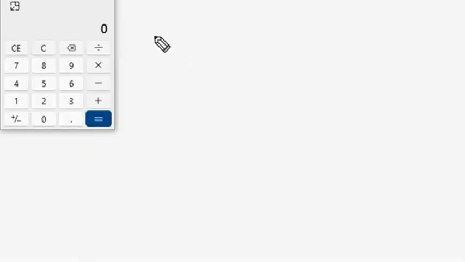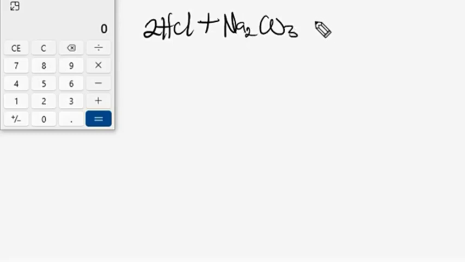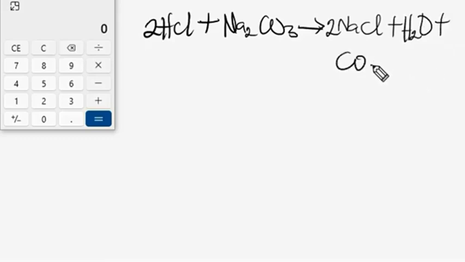So the equation of the reaction here, 2HCl plus sodium trioxocarbonate(IV) will yield this salt, that's sodium chloride, plus water, then plus carbon dioxide.